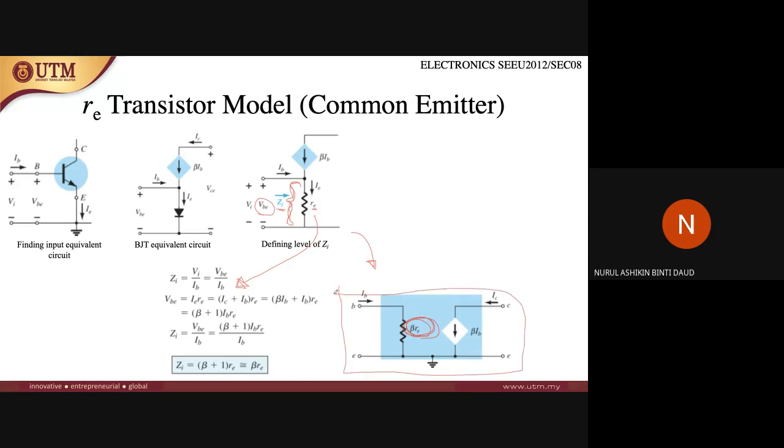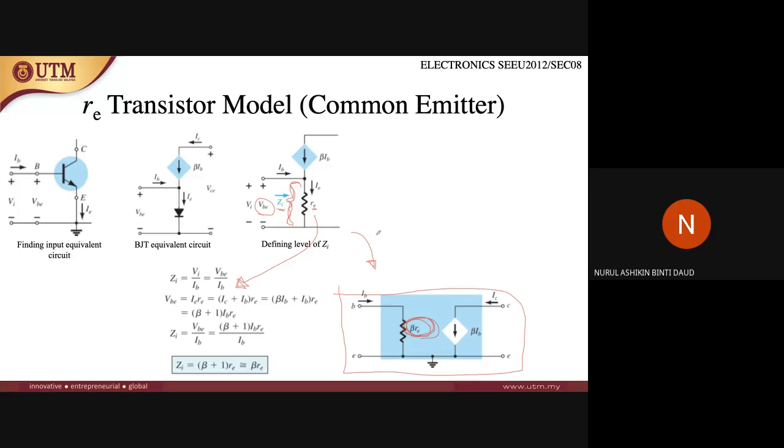When you draw the AC equivalent circuit, we take into account the impedance at this part, because it is already calculated with RE, and with IB and VBE as well. So impedance is much more accurate compared to the resistor RE here, which is not an effective resistance compared to impedance.